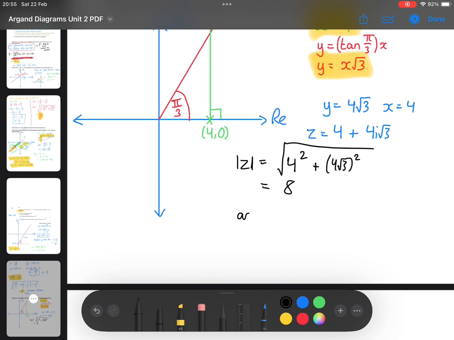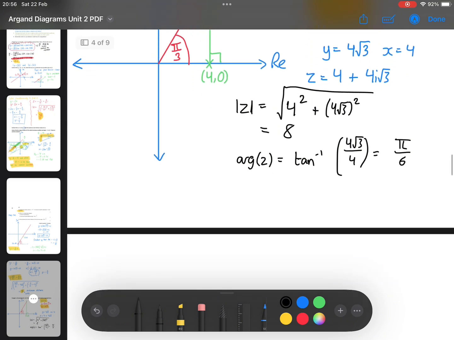And the argument of z is going to be inverse tan of (4 root 3 over 4), which, I think this appeared in an earlier question on the previous video, is pi over 6.